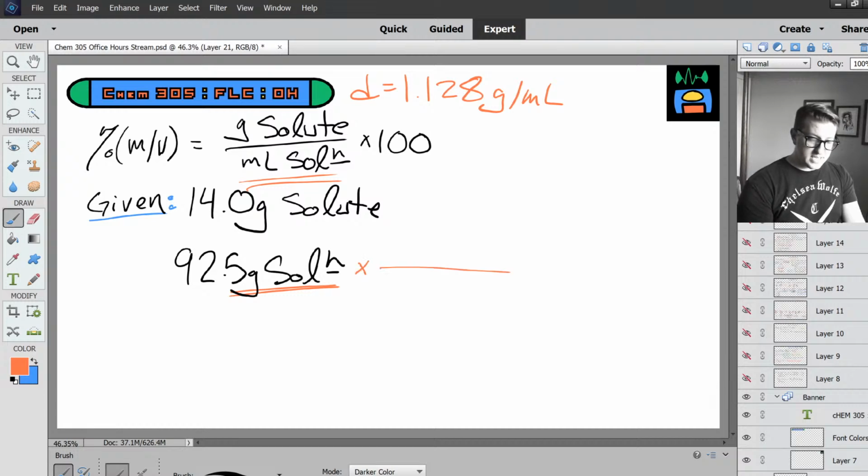So we can use it to cancel our grams of solution and convert to milliliters of solution. Because the density tells us that there's 1.128 grams in every 1 milliliter.